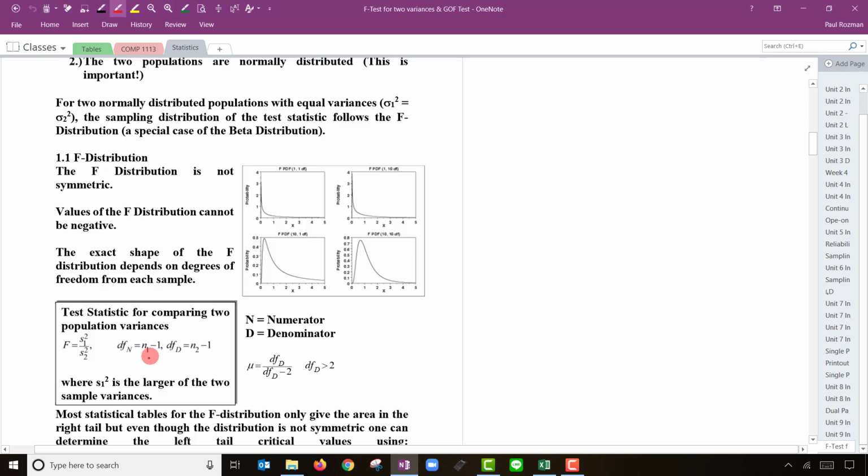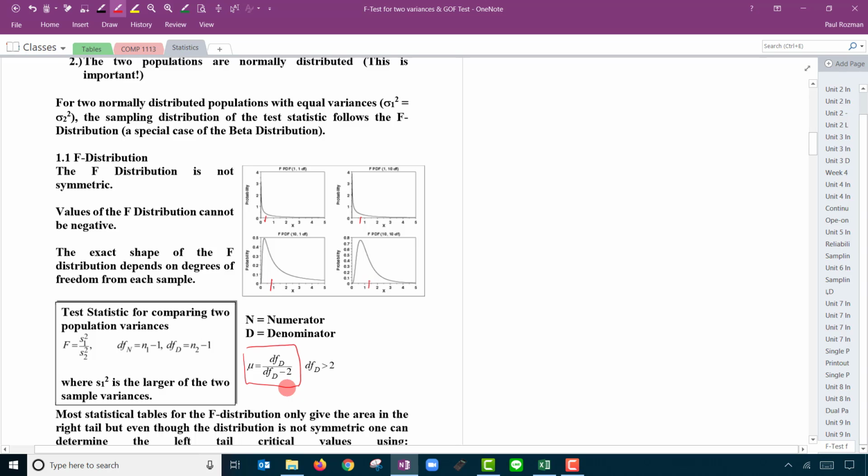It's just n minus 1 for each of them. And then the shape of the distribution depends on those degrees of freedom. And the mean can also be defined in terms of the degrees of freedom. So you can find the mean of these distributions using this formula.